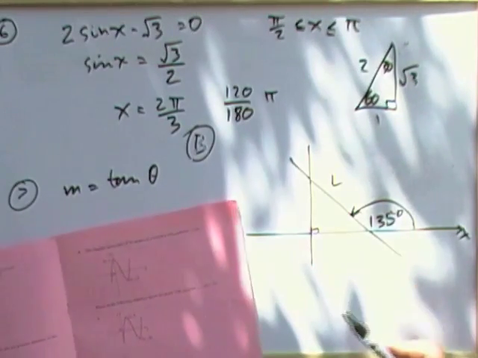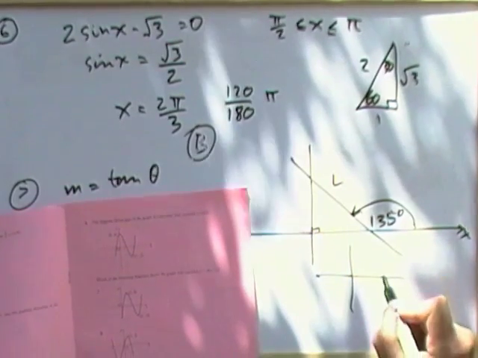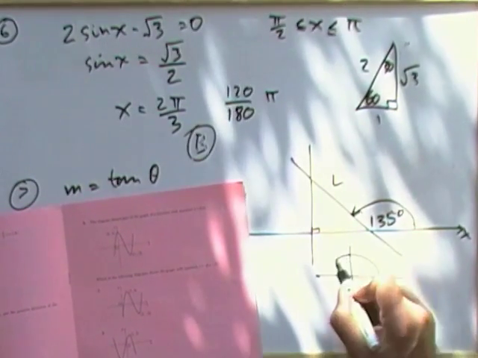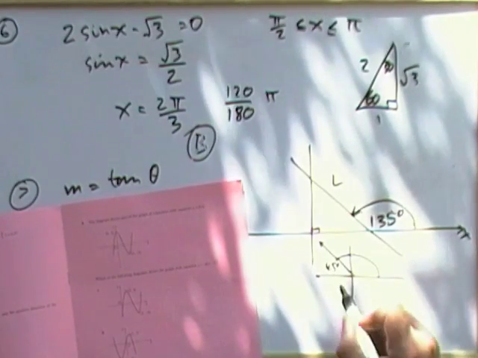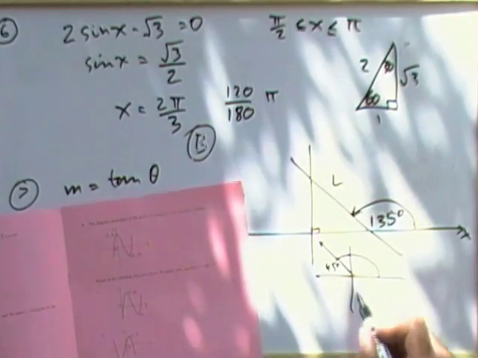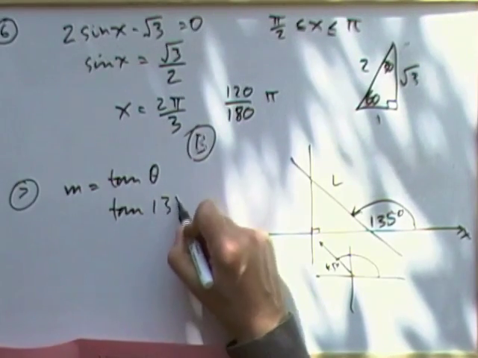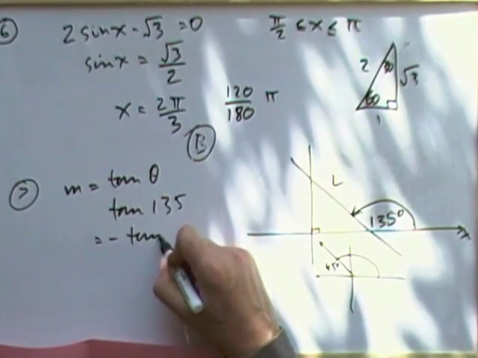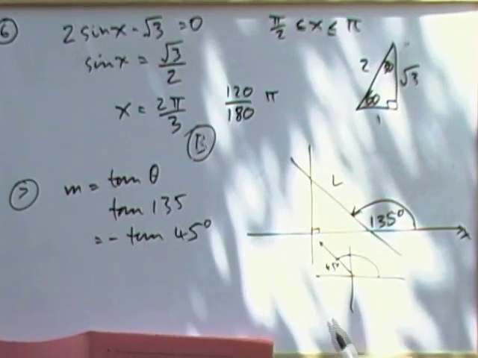But same again, 135, where is it? If you're going to use your all sine tan cos business, you'd think, well, where's 135 degrees? It's round here, which leaves 45 degrees as the actual working angle. So the tangent of 135 is actually the negative of the tangent of whatever's left over. 45 is the one we're going to use.